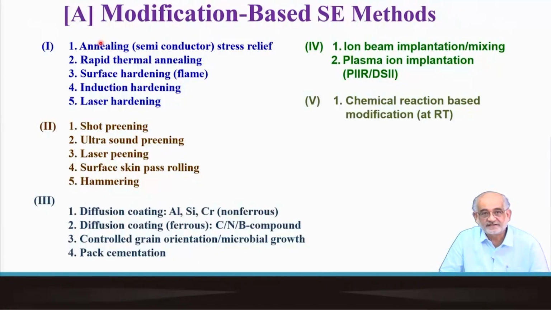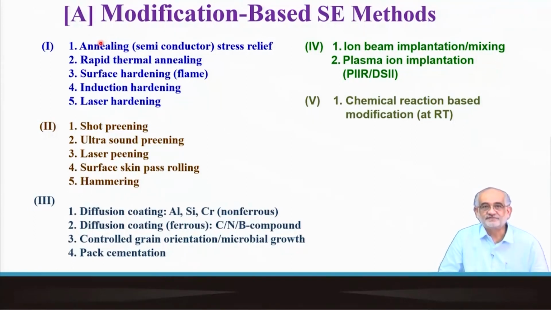Then I can do surface hardening, where I can subject steel components in particular to a sudden heating, either by an oxyacetylene torch or a flame, or by electromagnetic induction, confined to the surface.